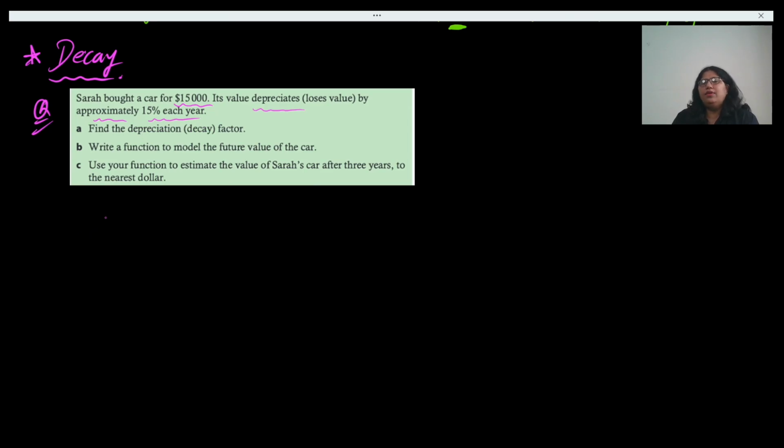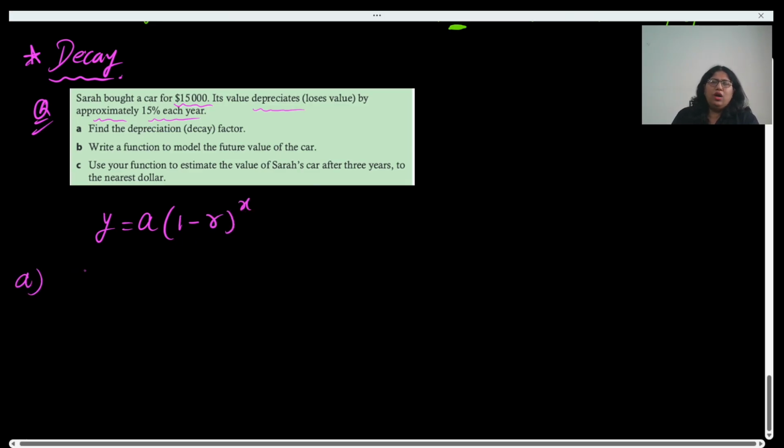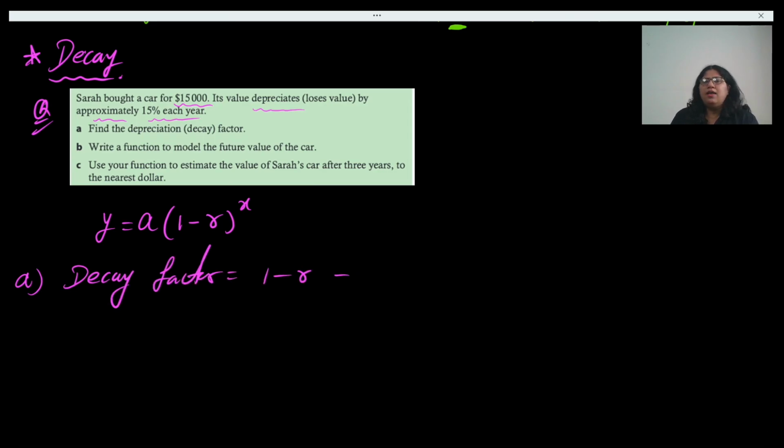First remember, the exponential decrease formula has 1 minus r. This is called the decay factor. The decay factor is 1 minus r, where r is the rate at which the value is decreasing.